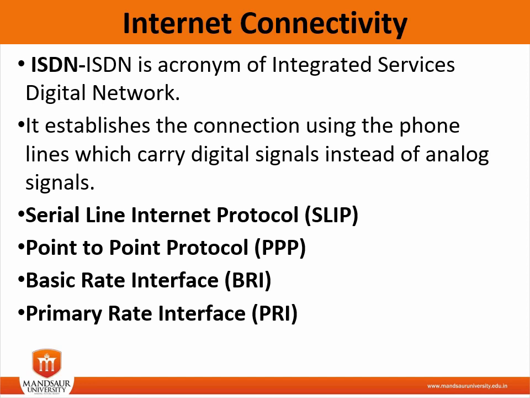The different services provided by PPP are defining the frame format of the data to be transmitted, and defining the procedure of establishing the link between the two points and exchange of data.